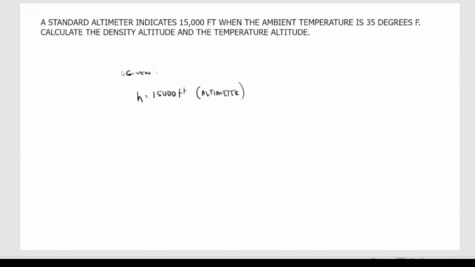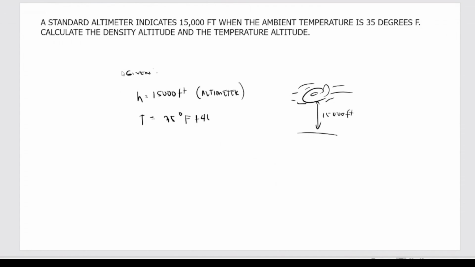So, next is yung ambient temperature, 35 degrees Fahrenheit. Kung ito yung aircraft mo flying at 15,000 feet from the sea level, yung ambient temperature naman is yung nasa surroundings ng aircraft.